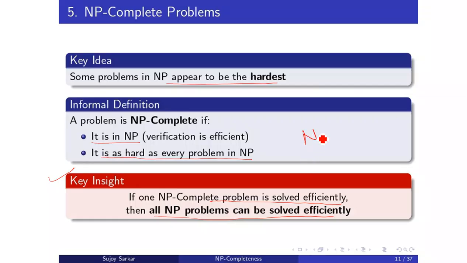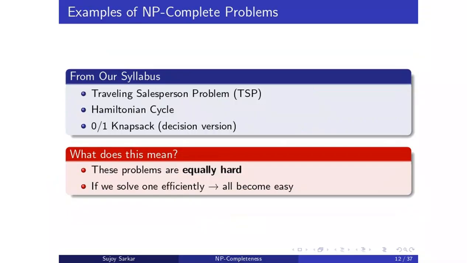In the NPC class, if you can solve problem A efficiently, that will lead to solving problem B also efficiently, or vice versa. How to prove that, we will discuss. These are examples of NP complete problems, and these are all equally hard.